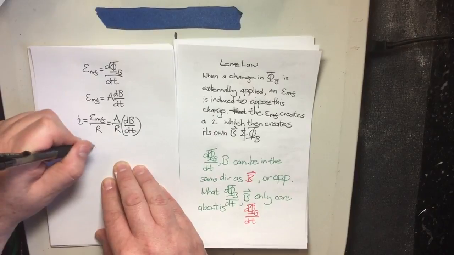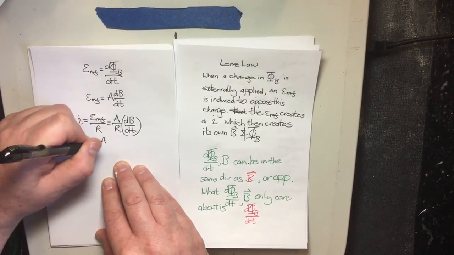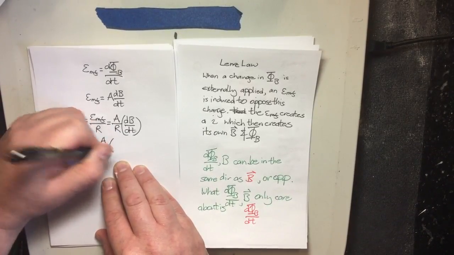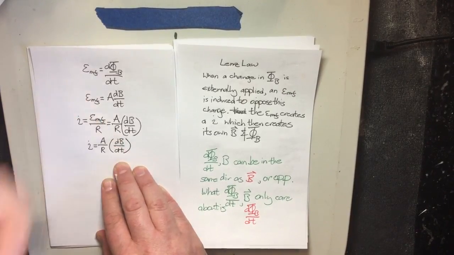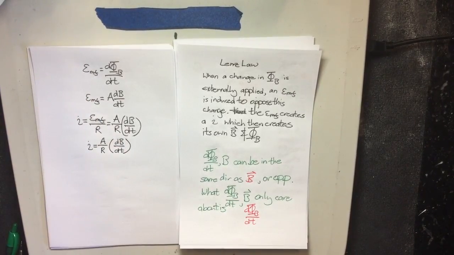So the current is the area divided by the resistance of the coil times the change in magnetic field with respect to time. So that's how you form the relationship between the magnetic field, the change in magnetic field, the current, the area, the resistance.